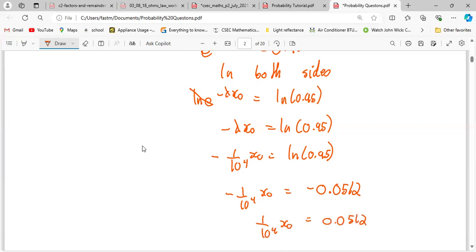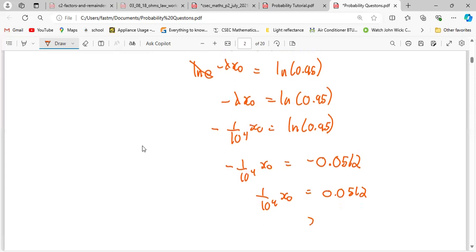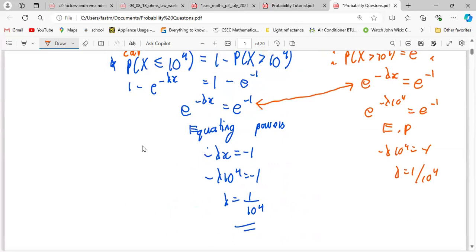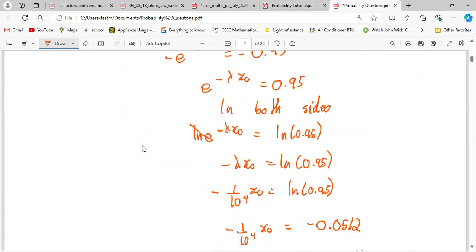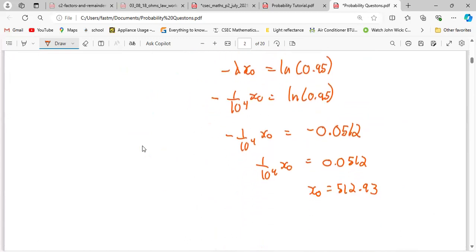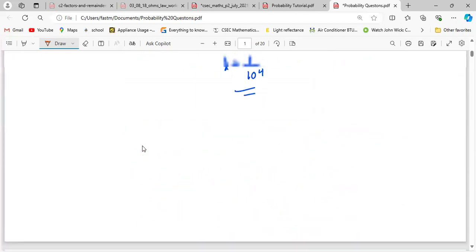Then we have to divide by 1 on 10 to the power 4, and you'll end up with x0 equal to 512.93. In this case, x0 was time, so I believe that would be years. That'll be x0, and that's the end of that question.